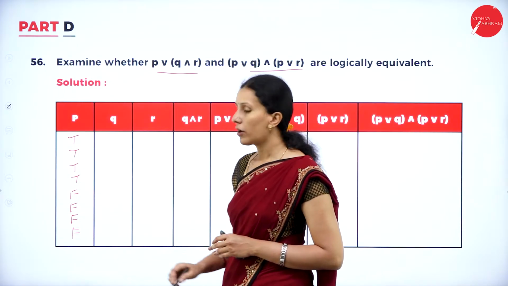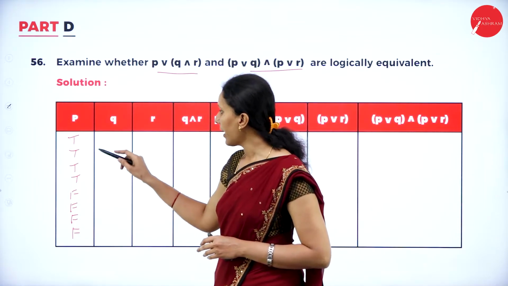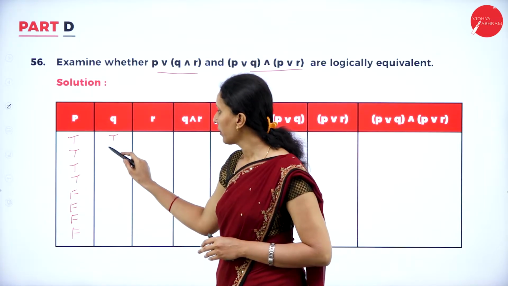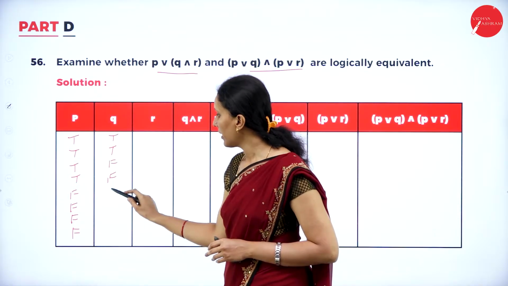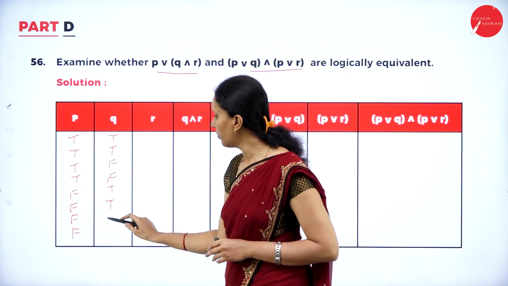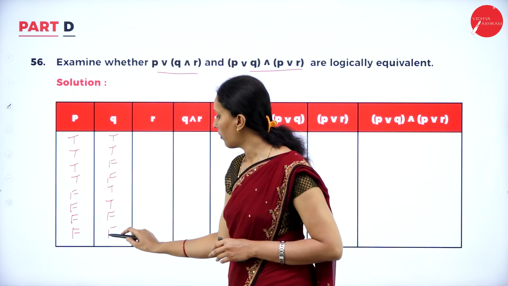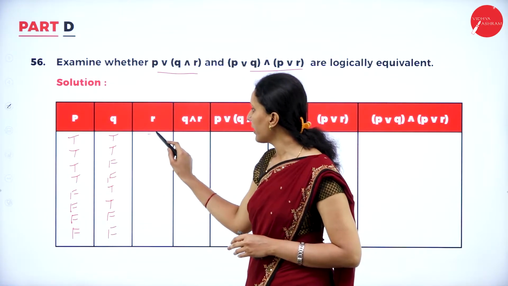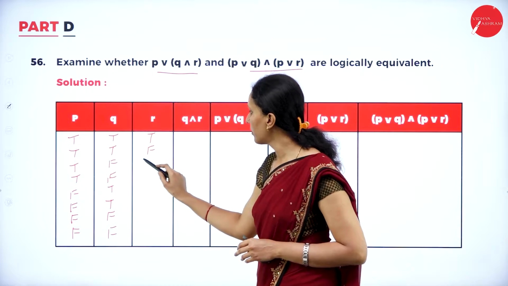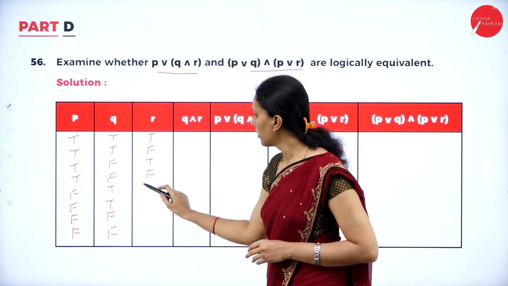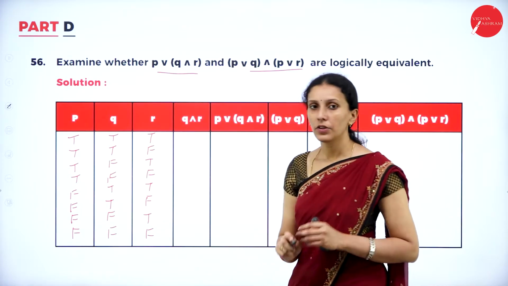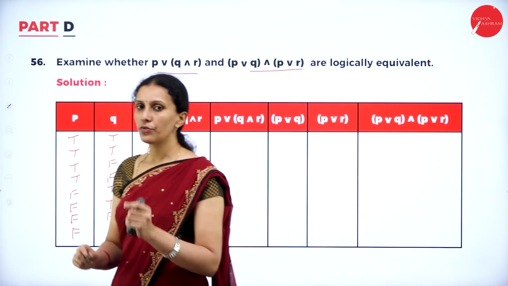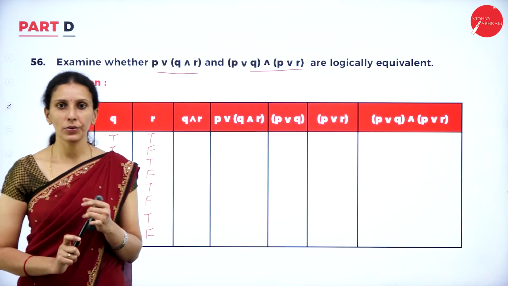Next, for Q, we can write this as true, true, false, false, and here again, true, true, false, false. For R, I'll write it as true, false, true, false, true, false, true, false. So these are the truth values which I have taken for P, Q and R.